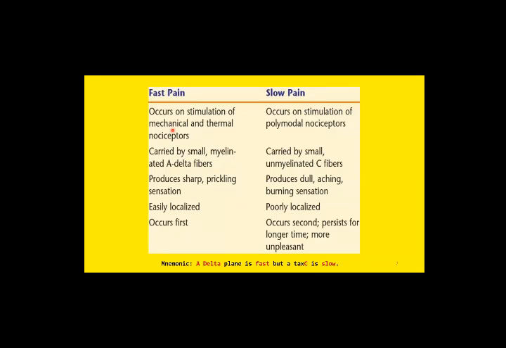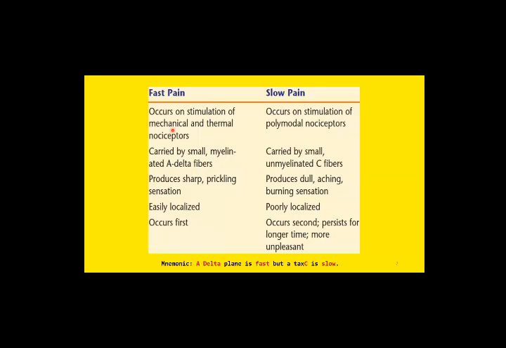The type of nerve fibers for fast pain and slow pain are also different. A delta fibers for fast pain and unmyelinated type C fibers for slow pain. So these type of fibers respond to different types of stimuli as well.